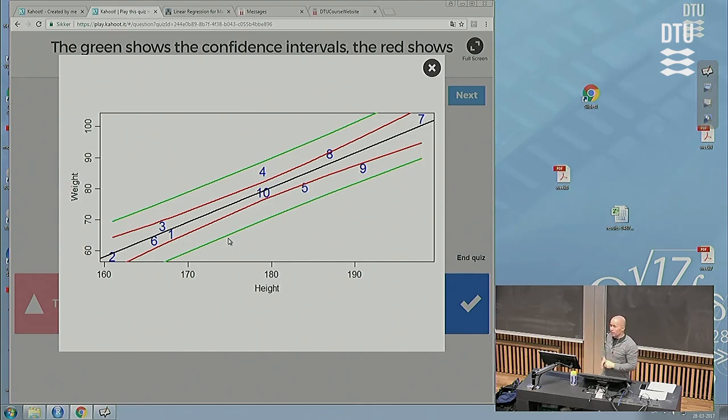The green one, the prediction interval, that's a more ambitious way to use a linear regression model. And this is a way that you use if you're a production company and you check your tablets at Lundbeck and you go through an NIR spectrum or something like that, and you make a regression model to predict the amount of active substance in your tablet on your production line. You want to predict not the mean of all tablets.